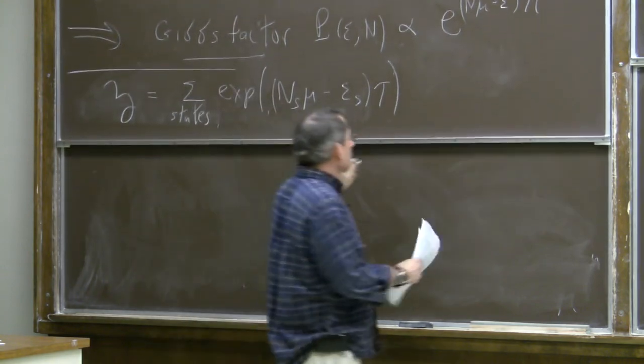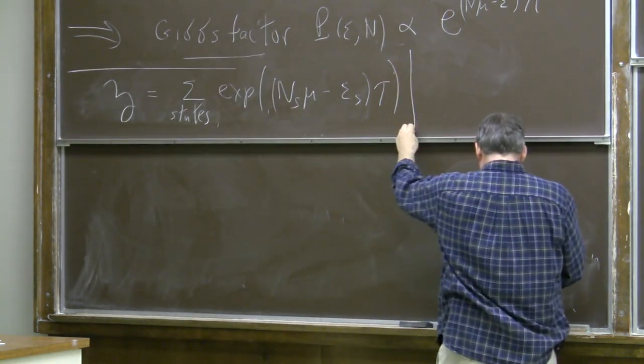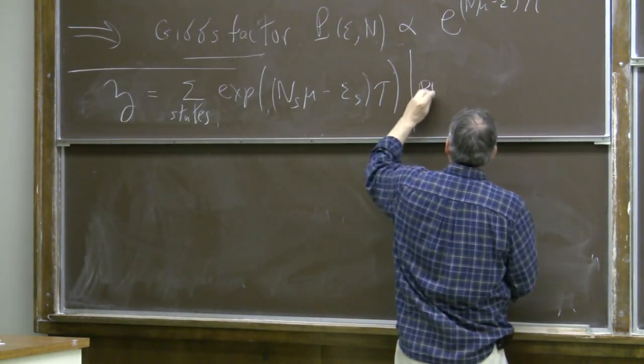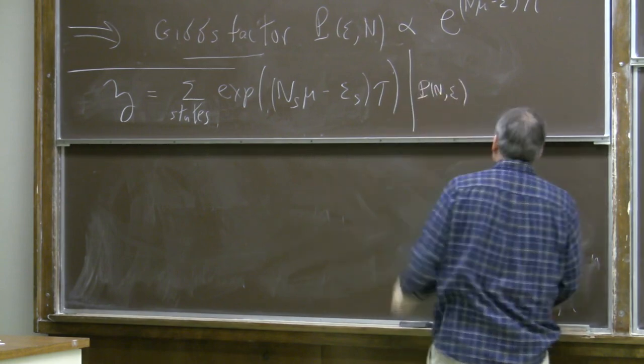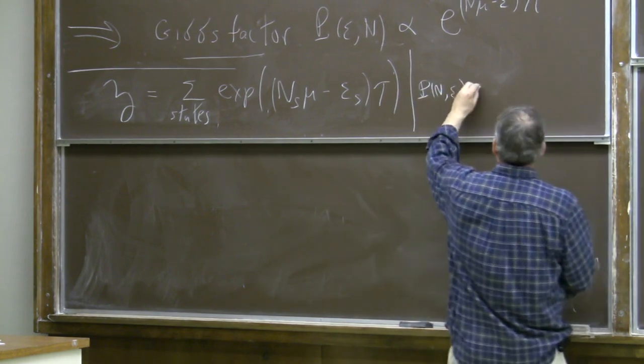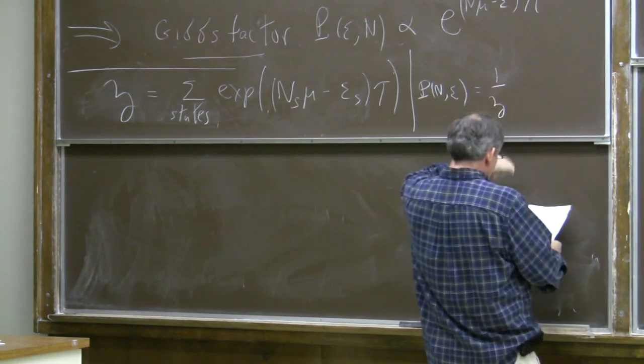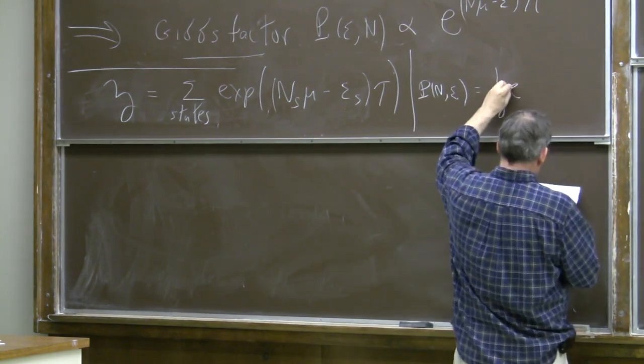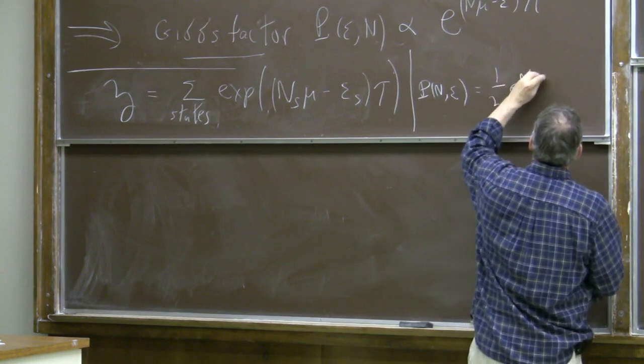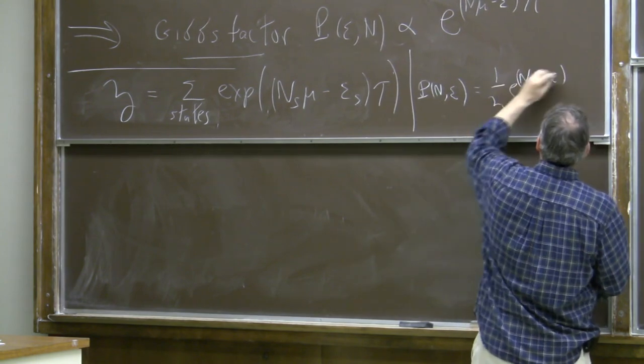So the properly normalized probability of being in a state of the system with particle number n and energy epsilon is the Gibbs factor divided by script Z. So it's 1 over script Z times e to the (n mu minus epsilon) over tau.